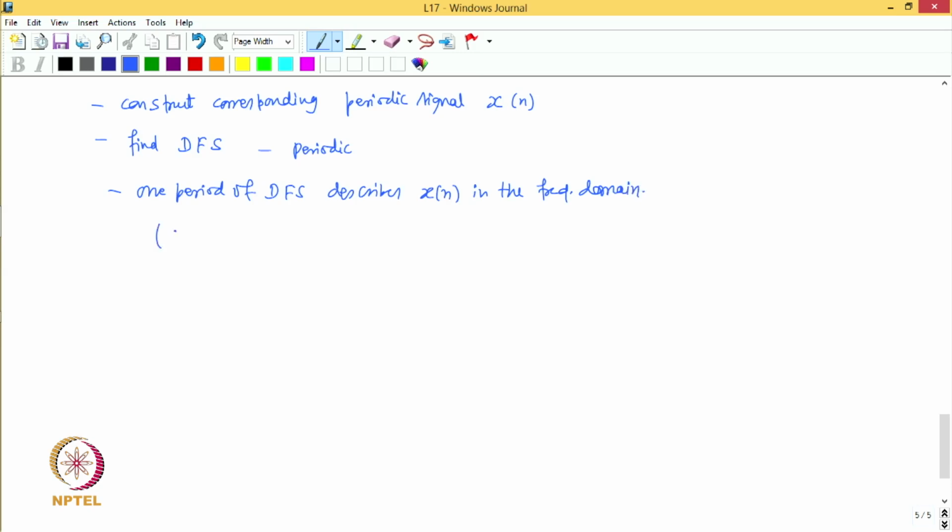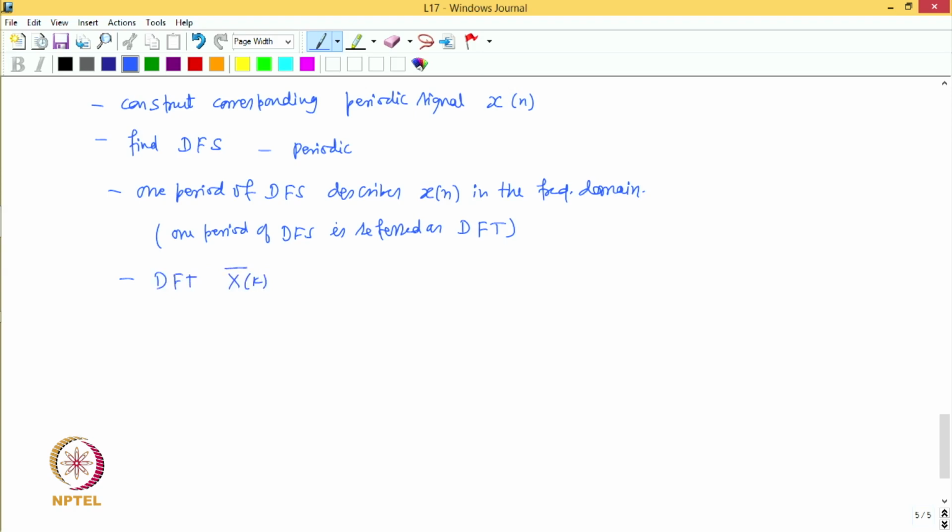Therefore one period of the DFS is referred to as the discrete Fourier transform, DFT. Let us represent this DFT by the symbol X bar (k).